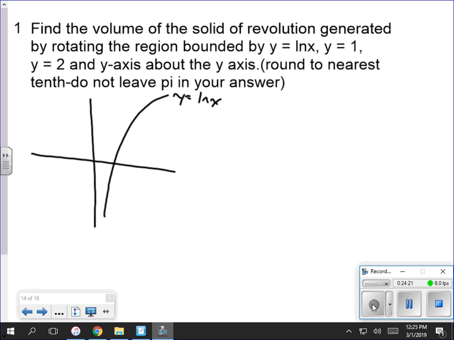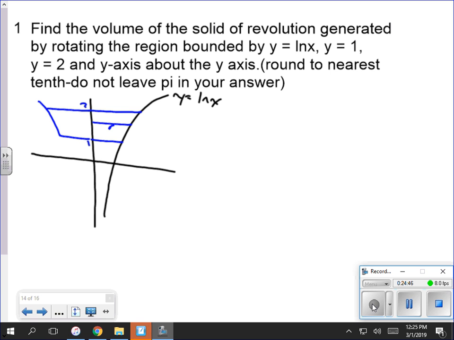So let's finish this one up. You have the line y equals 1, the line y equals 2. You're rotating around the y-axis, so you're going to get an object that looks something like that. Because your axis of rotation is vertical, your radius is horizontal, which means you have to do this dy.